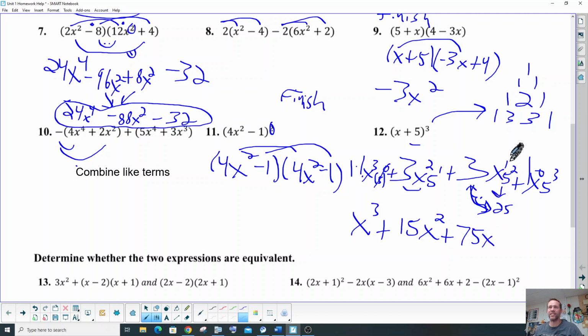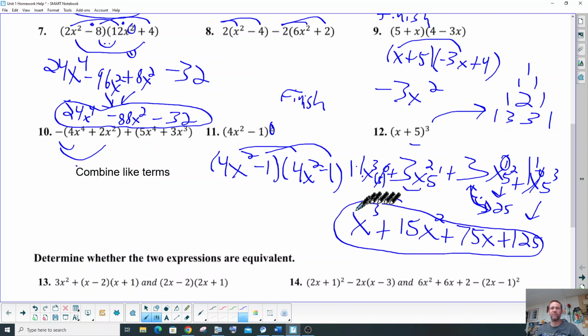X to the what? X to the first power. X to the 0 becomes a 1. 1 times 5 to the third power. Now 5 times 5 is 25 times another 5 is 125. And there's our answer.